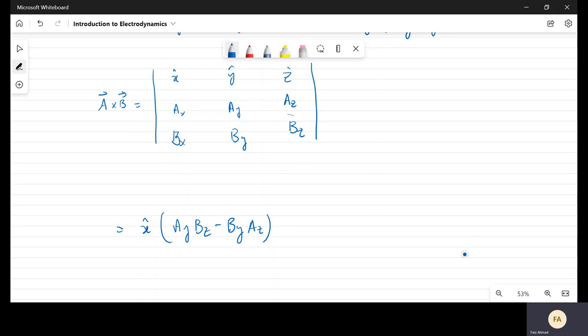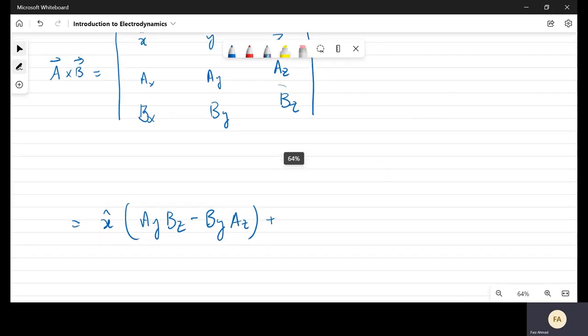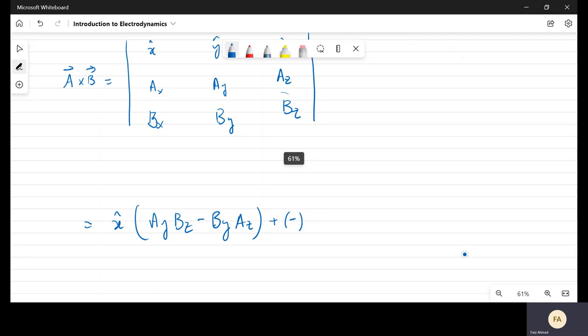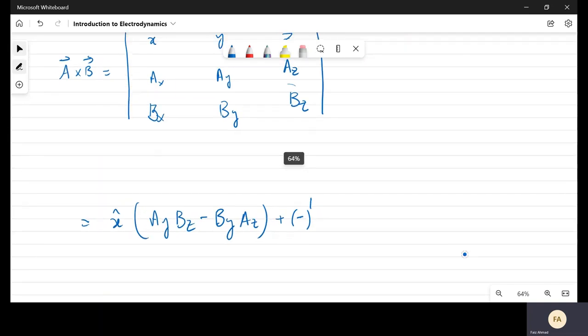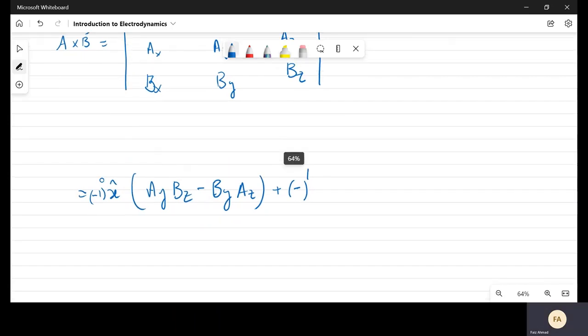Then we have to plus minus 1 of, here in fact it was minus 1 of 0, and we have to take y, leaving this row and this column.